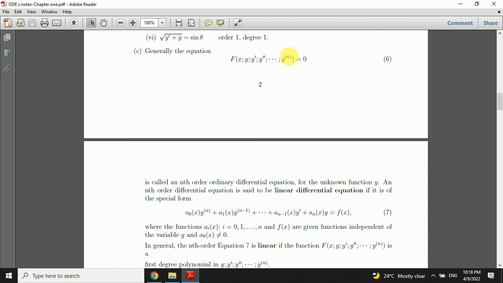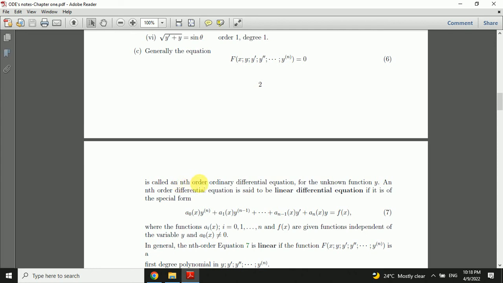So you're assuming that the biggest derivative in this case is n. Okay, so you have an unknown function y which depends on a variable x. So if you have such an equation equaling 0, then this equation is called an nth order.